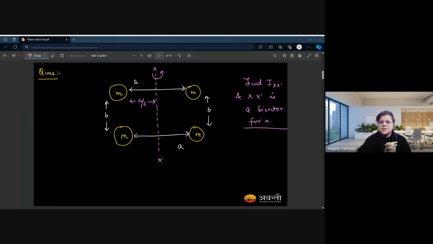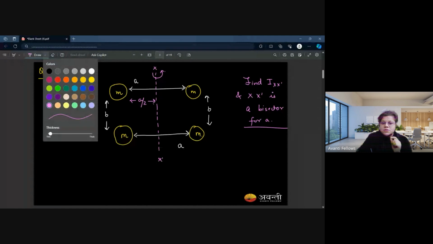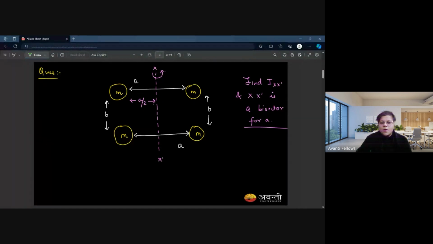If you understand the basic meaning of moment of inertia, you can do it. What I said about moment of inertia is what is the mass and where it is located from the axis of rotation. That's it. I will do this question on the basis of this basic definition: what is the amount of mass? It is m. Where it is located from the axis of rotation? This mass is at a by 2 distance, so a by 2 squared, plus this mass is again at a by 2 distance.